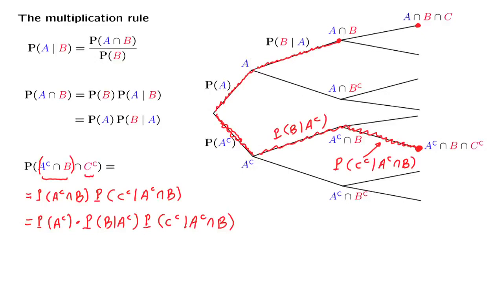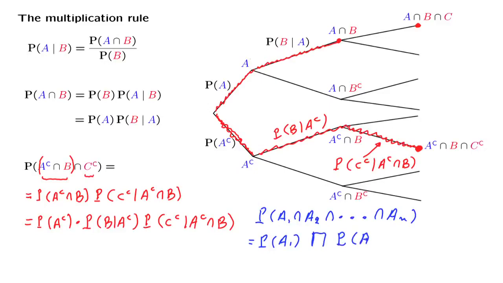In particular, the probability that events A1, A2, up to An all occur is going to be the probability that the first event occurs times a product of conditional probabilities that the ith event occurs, given that all the previous events have already occurred.